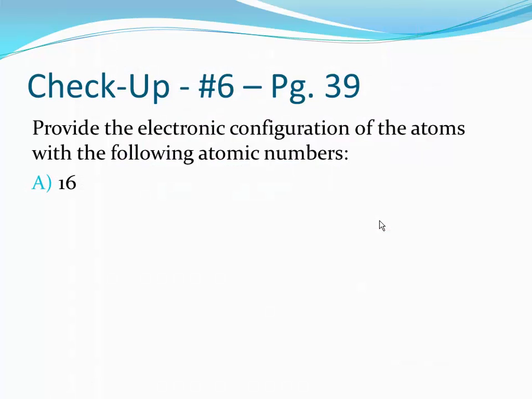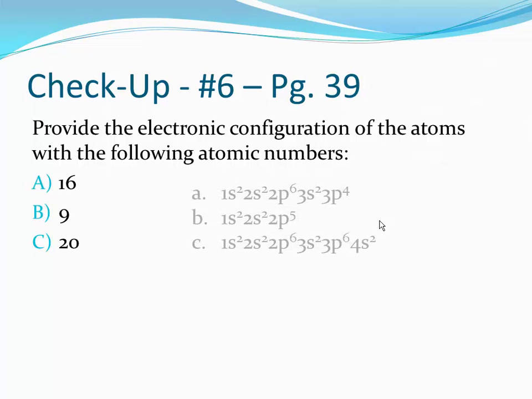Alright, so provide the electron configuration of the atoms with the following atomic numbers: 16, 9, and 20. So you need to get 16 electrons, 9 electrons, and 20 electrons. So you have 1s2, 2s2, 2p6, 3s2, and 3p4.